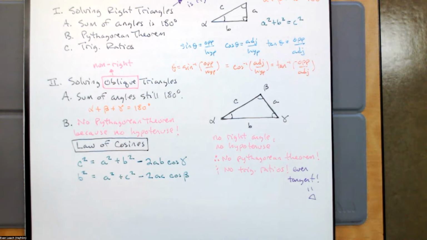So it's like we're rearranging the Pythagorean theorem. B squared equals a squared plus c squared minus 2ac times the cosine of beta, the angle opposite whatever we're squaring on the other side.